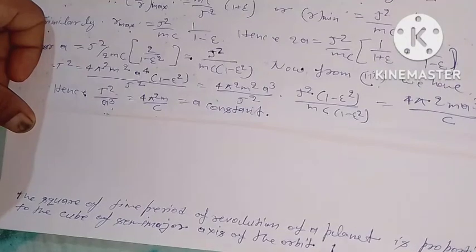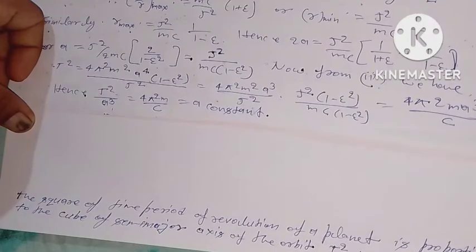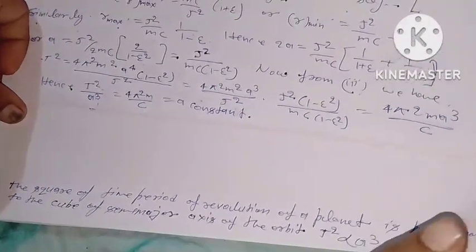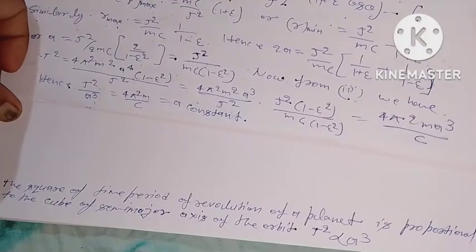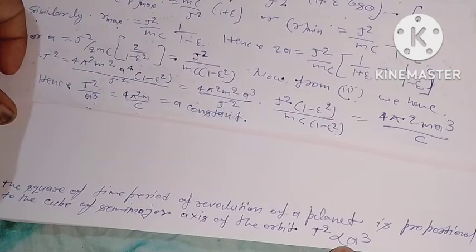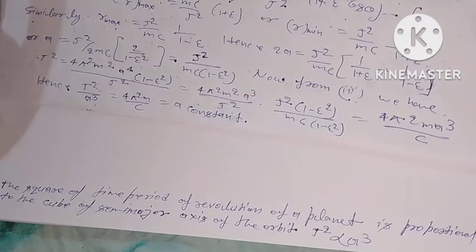That means T square is directly proportional to a cube. Okay, thank you. And next is Newton's law of gravitation.